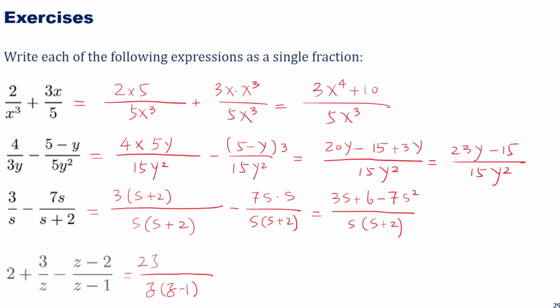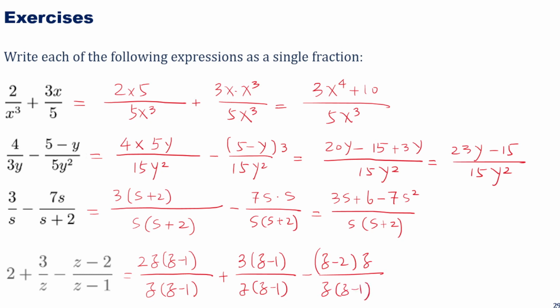So that gives us 2z times z minus 1 plus z times z minus 1, and we have 3 times z minus 1 here, minus z minus 2 times z here, over z times z minus 1, right? Try to find the final result by yourself, okay? This kind of problem is pretty straightforward.